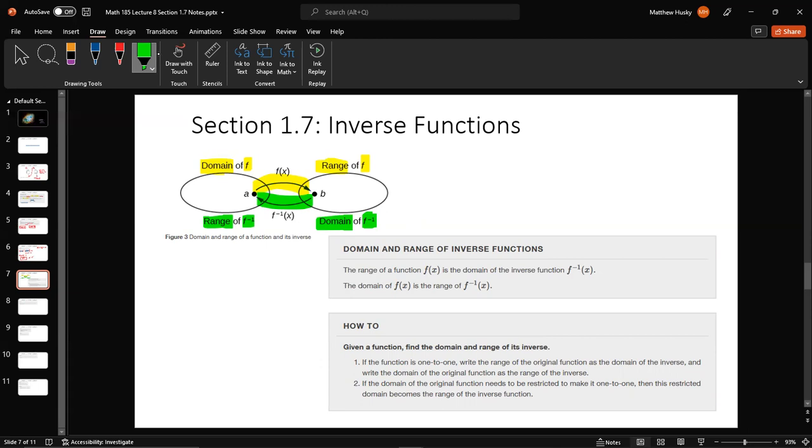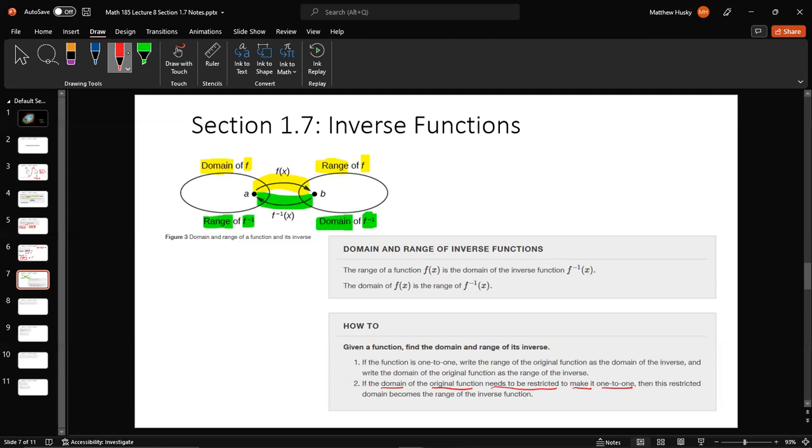So sometimes the domain of the original function needs to be restricted to make it one-to-one. That can happen sometimes.